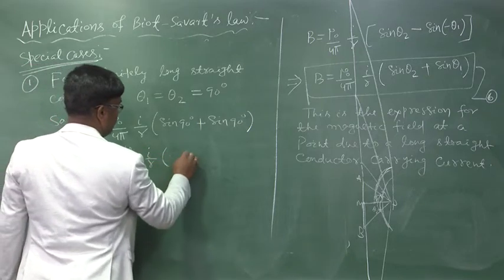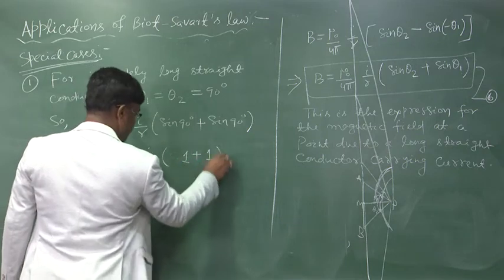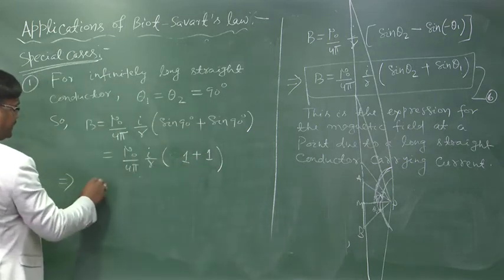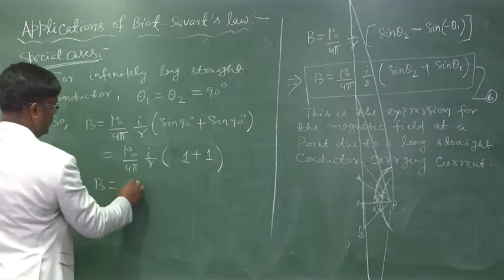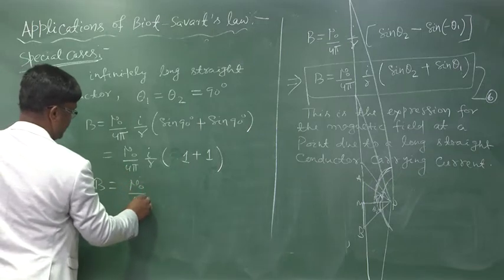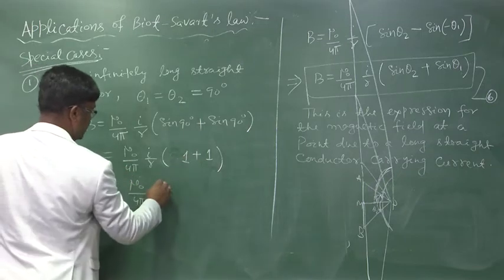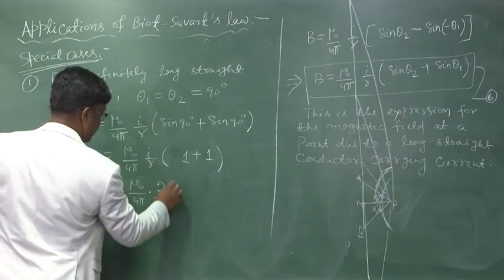This is 1 plus 1, yes, B equal to μ0 by 4π, 1 plus 1 is 2, so 2I by r.